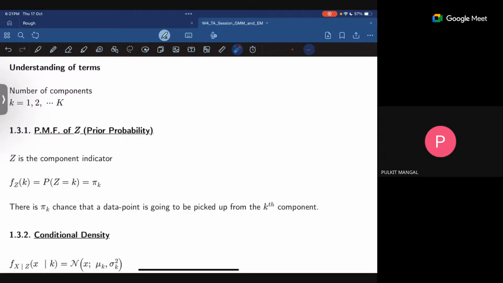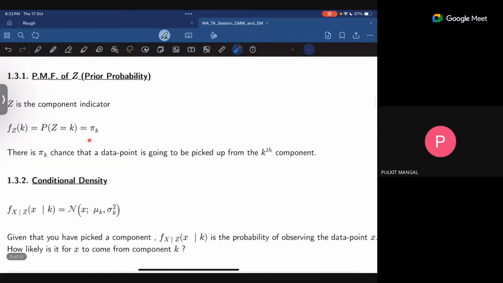Later in the session, we will see how similar EM and K-means work. Now Z here denotes the component indicator, so the prior probability of selecting the component is given by pi k. What does this mean? There is pi k chance that a data point is going to be picked from the kth component.